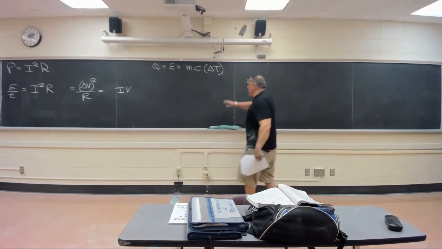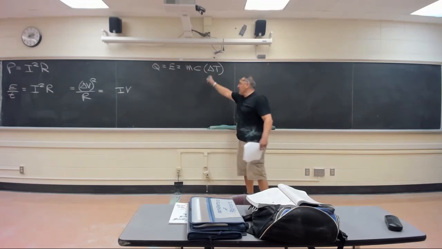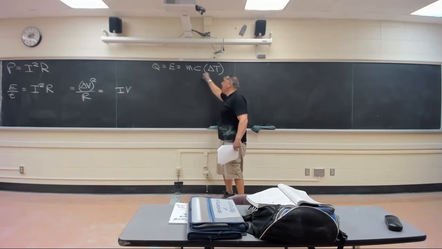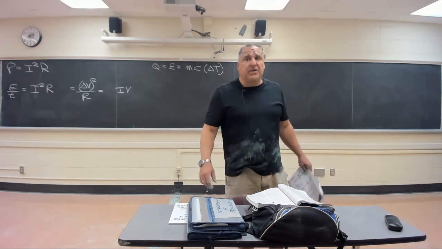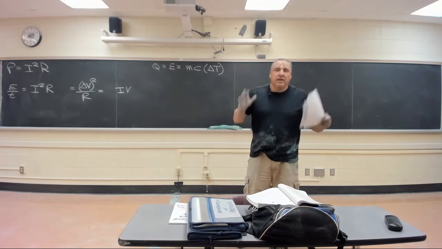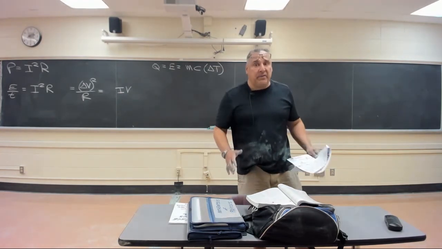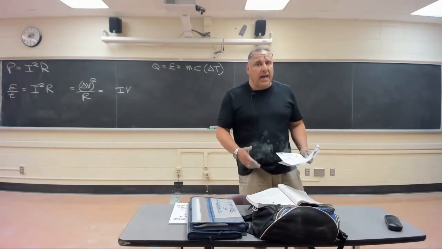The amount of heat needed to change mass M is directly proportional to how massive M is, and how massive of a temperature change, delta T, you want to have.